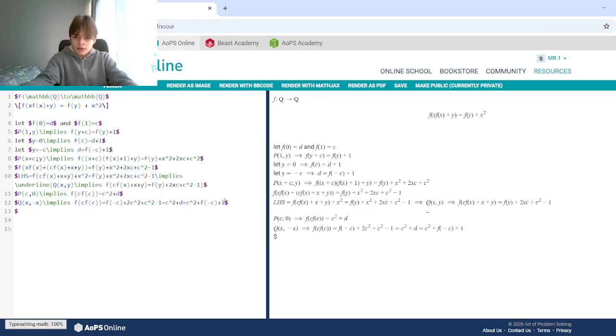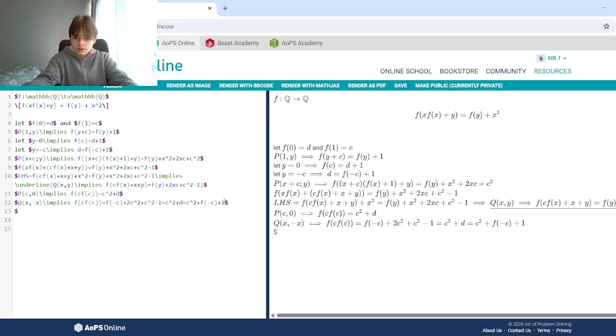So we are left with 3c^2 is equal to c^2 + 2, which implies that c is equal to plus 1 or minus 1.